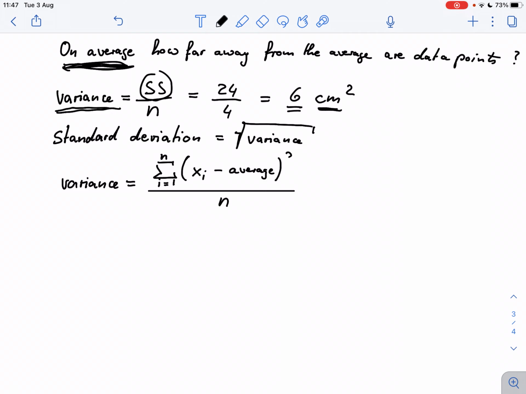Very important, we need to take the square of this difference, because otherwise we would just simply get 0.